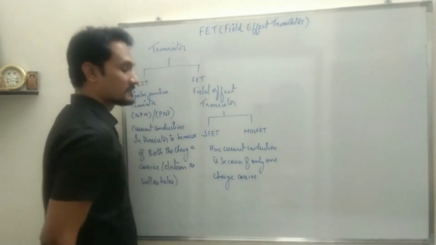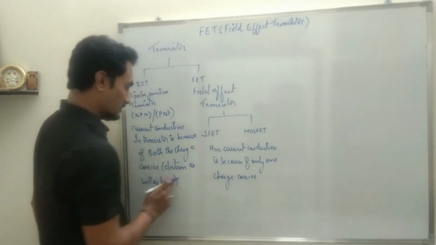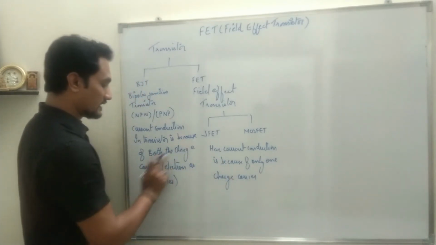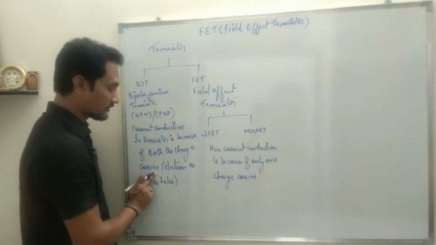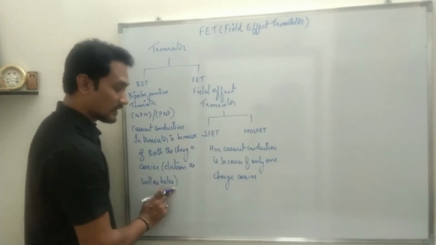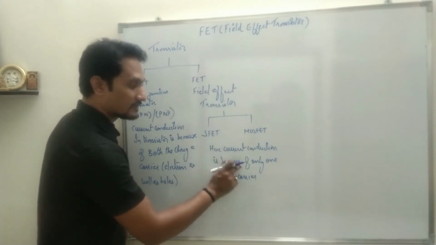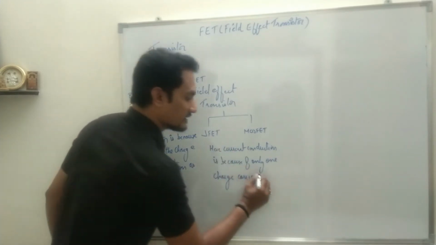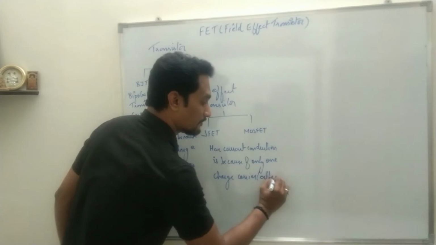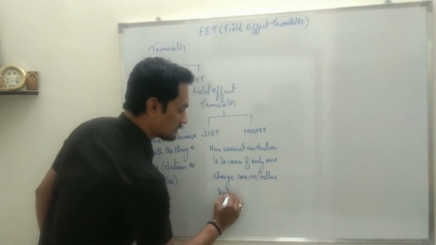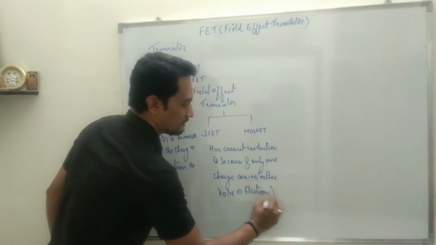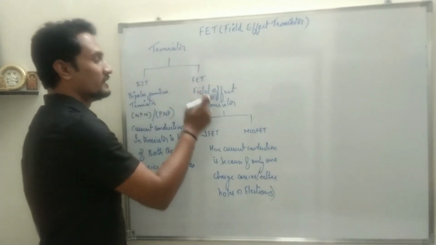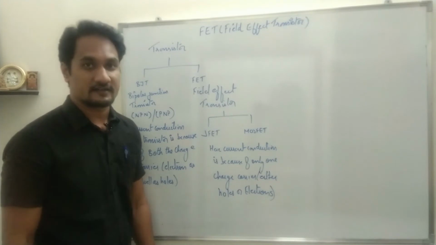In BJT, both charge carriers take part in current conduction, electrons as well as holes. Here the current conduction will be because of only one charge carrier, that is either holes or electrons. So that is the basic difference between BJT and field effect transistor.